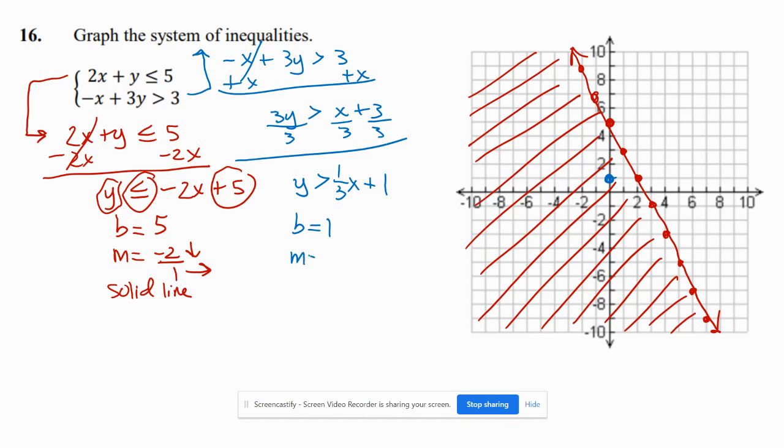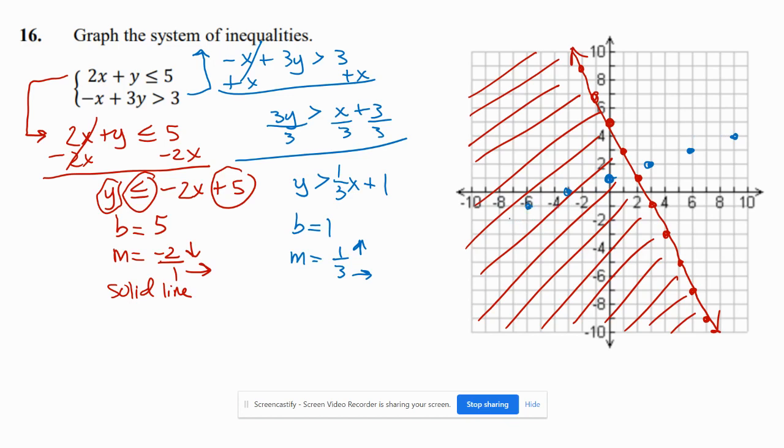And then our slope will be 1/3, which means we're going to go up 1 and to the right 3. So up 1, right 3, up 1, right 3, up 1, right 3. Follow the pattern backwards. Down 1, left 3.